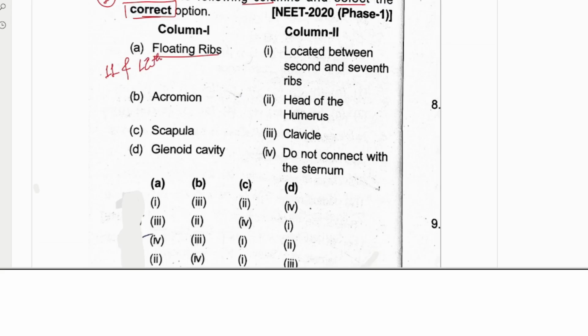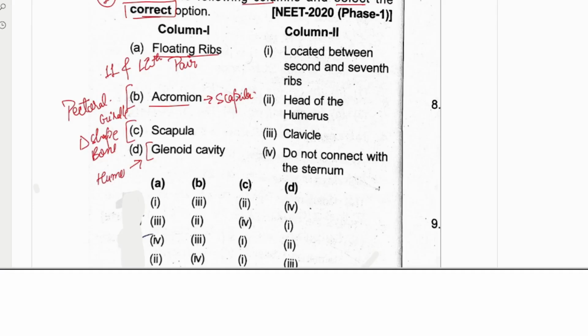The acromion process is part of the scapula, which is part of the pectoral girdle. The scapula is a triangular shaped bone, again a part of the pectoral girdle. The glenoid cavity is also part of the pectoral girdle, and it is the attachment with the humerus bone.